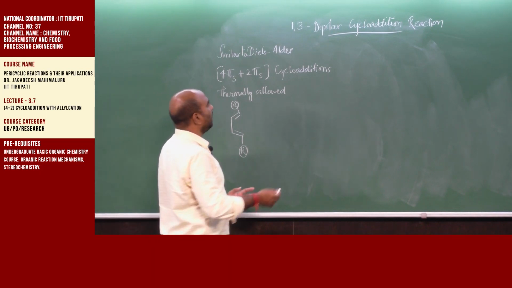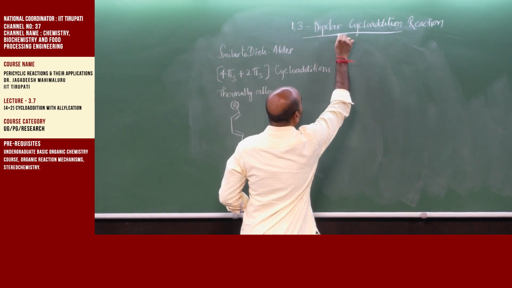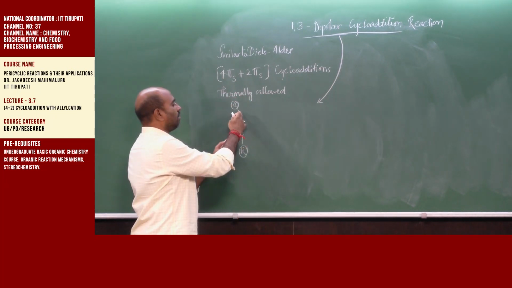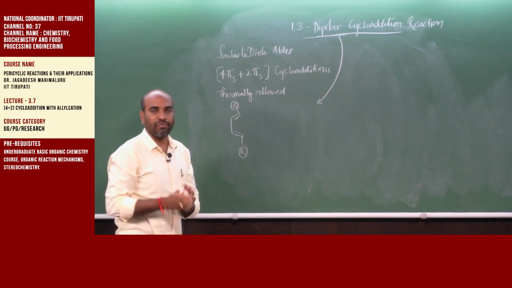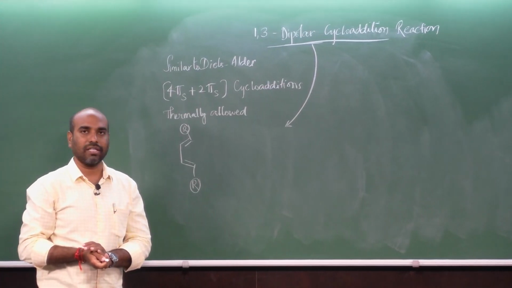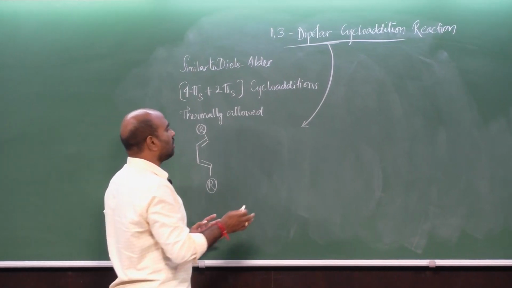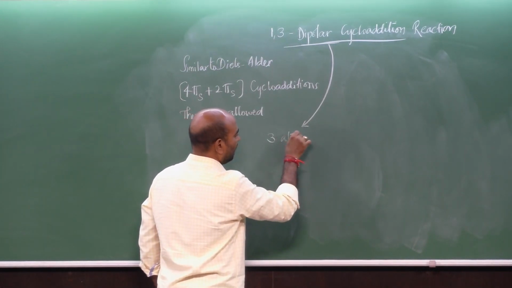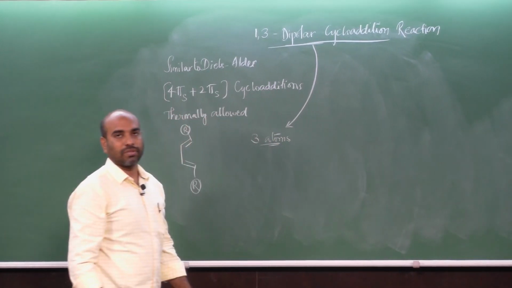But in the 1,3 dipolar cycloaddition reaction, instead of 4 atoms participating in the diene part, you will be able to see only 3 atoms.